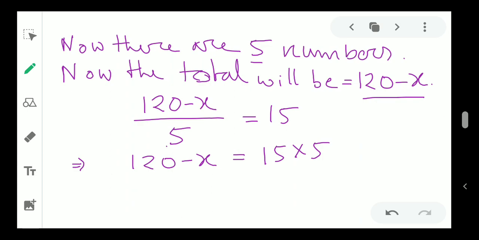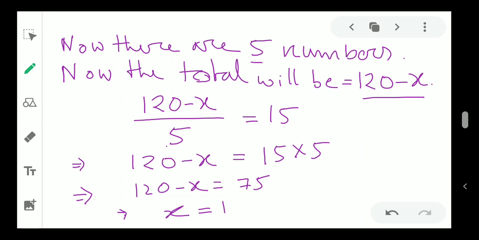Okay. So right now, this is 120 minus x equal to 15 5s, that is 75. So x is equal to, I am doing it so fast, but you can always do it, right?